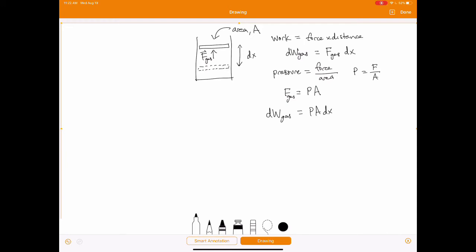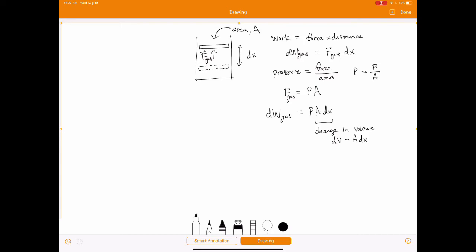Okay, well, the next thing we should think about is A times dx is the change in volume. We call this dV. So what do I mean by that?